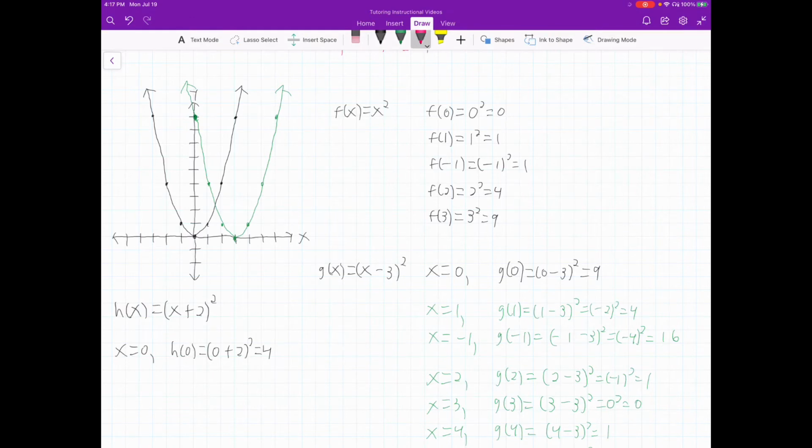I'm going to draw it in red. For pink, I guess. When I have x is 1, I get 1 plus 2 quantity squared is 3 squared, which is 9.